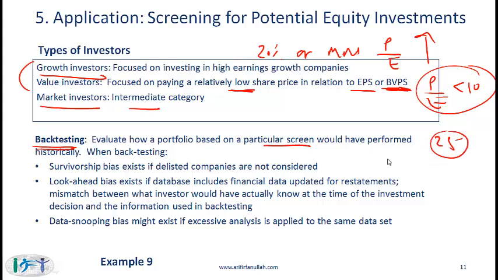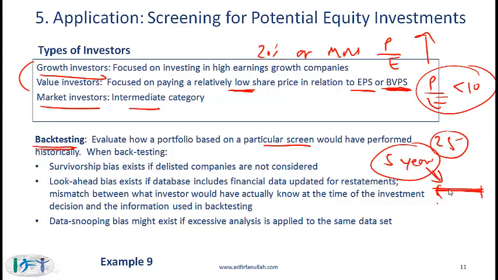Backtesting means that you go back, say, 5 years and you run that same screen. You identify companies that meet the criteria, and then you see how would those companies have performed over the 5-year period. Since you are going back in time, you can actually look at whether your screen would give you stocks which produce a good return over the next 5 years.